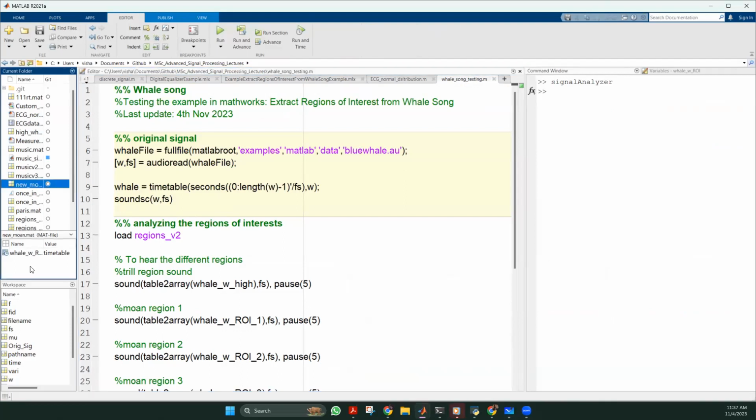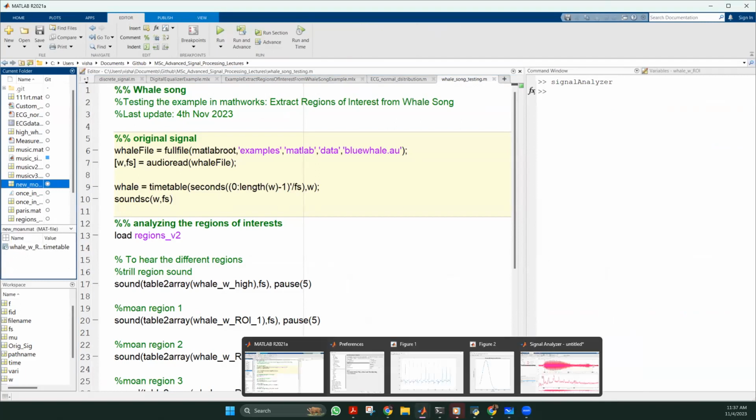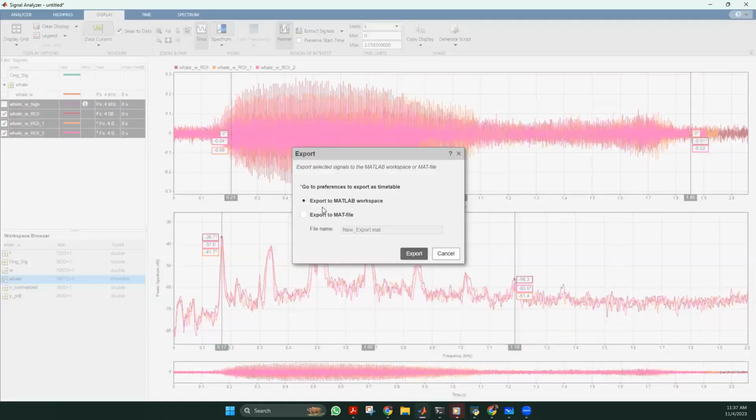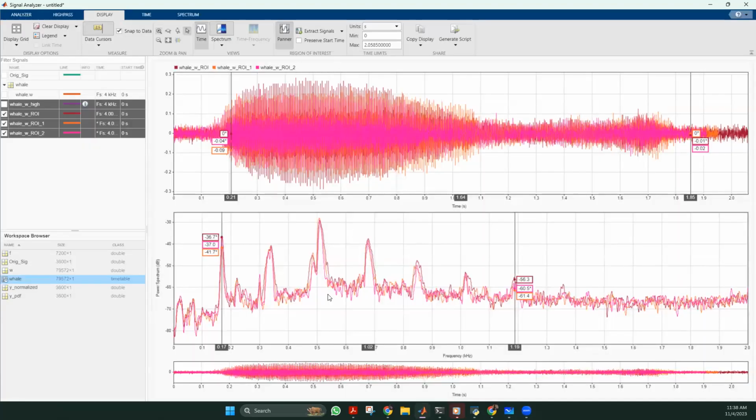After coming to this point, you have to extract these signals and export them as a mat file into the MATLAB workspace. So in here, I will put region v3.mat. I want to analyze the region, so I just put it as region v3.